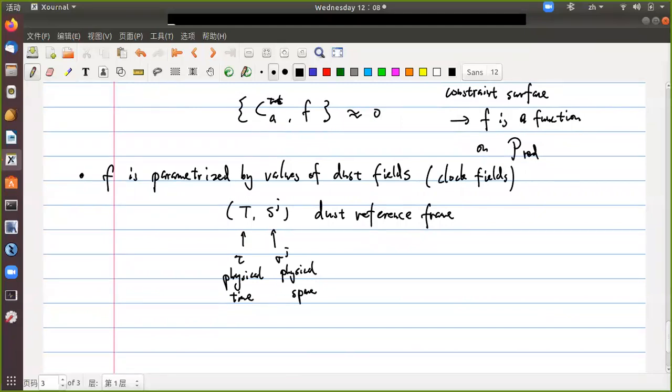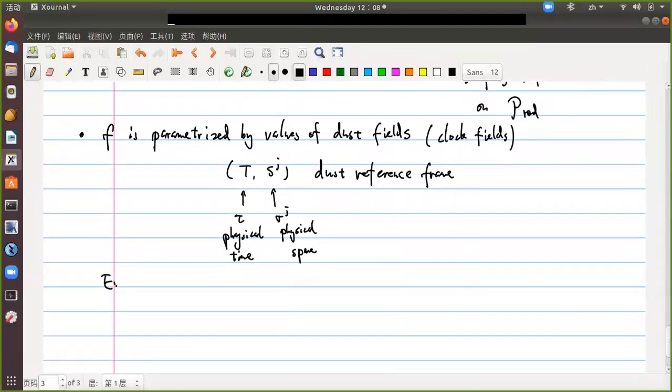Now maybe I'll give you an example to make it very concrete. Suppose we use the ADM formulation and talk about the canonical variable for gravity, Q_AB(x). This x is spacetime x, let's say x^mu.